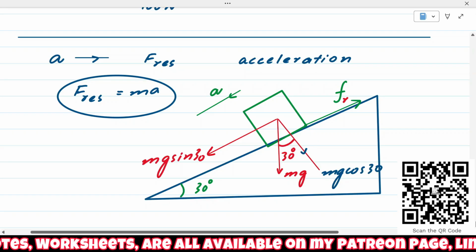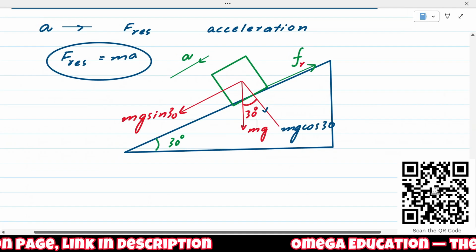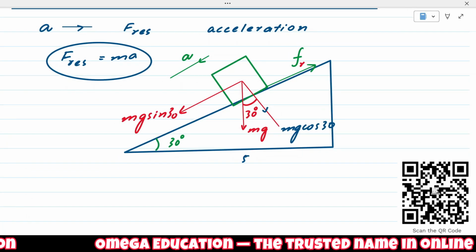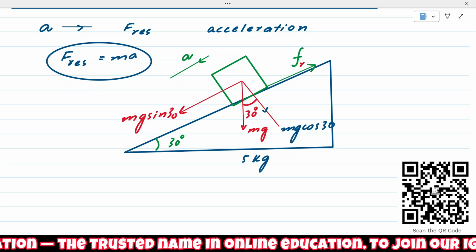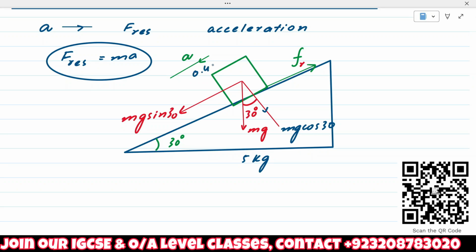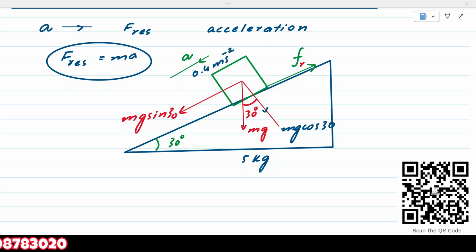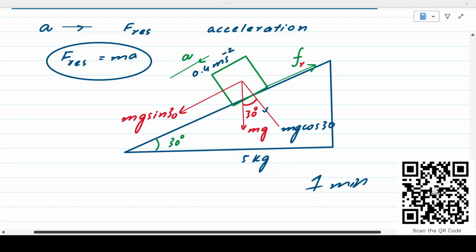But since the object is accelerating, let's say mass is also given as 5 kilograms, and acceleration is given as, let's say, 0.4 meters per second squared.